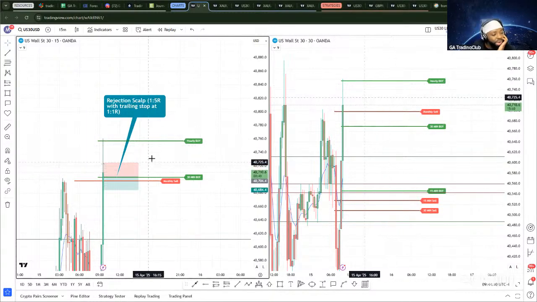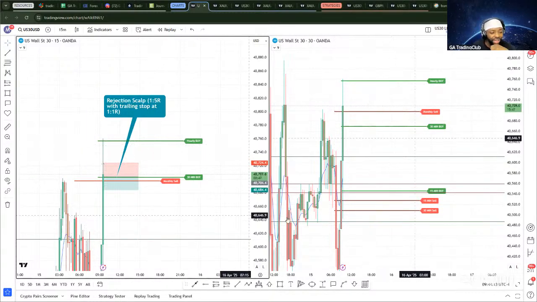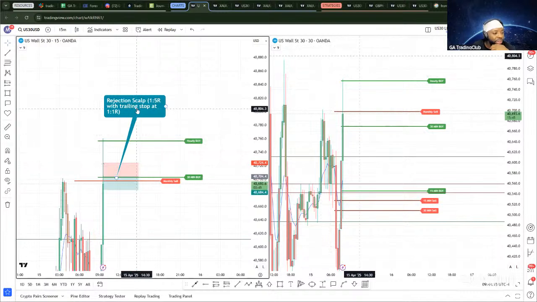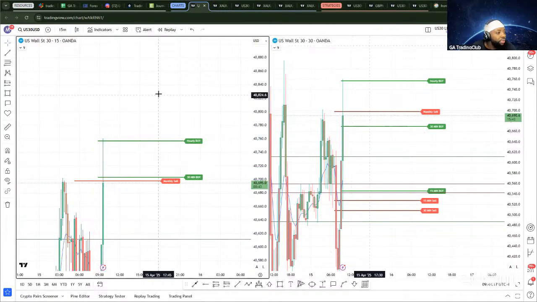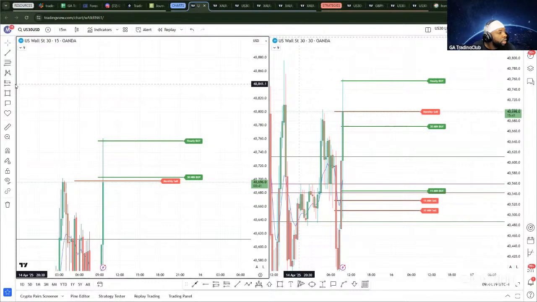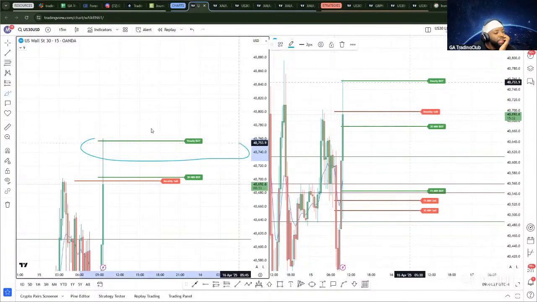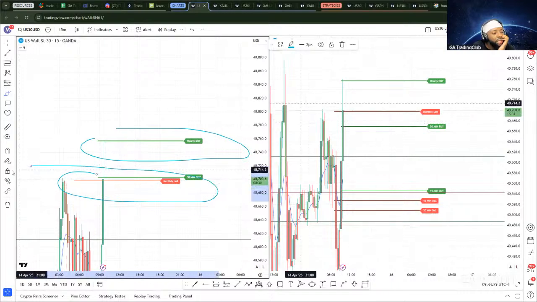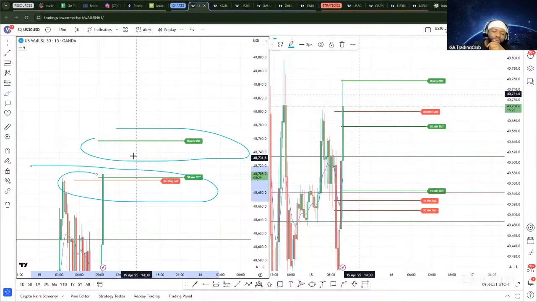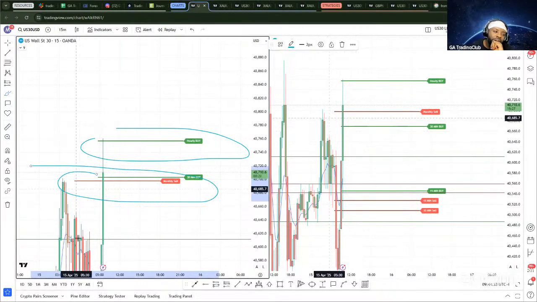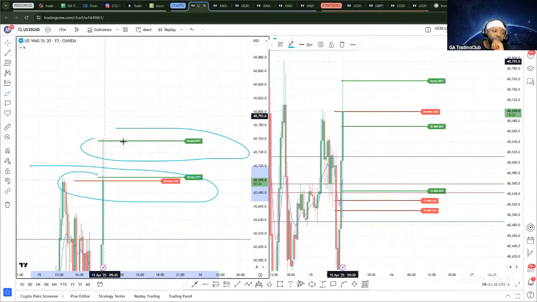So sometimes, and I know we've covered this before, where is this instrument? Sometimes when you have a bunch of SAR levels at the same areas, you normally expect price to go to the most optimal one.